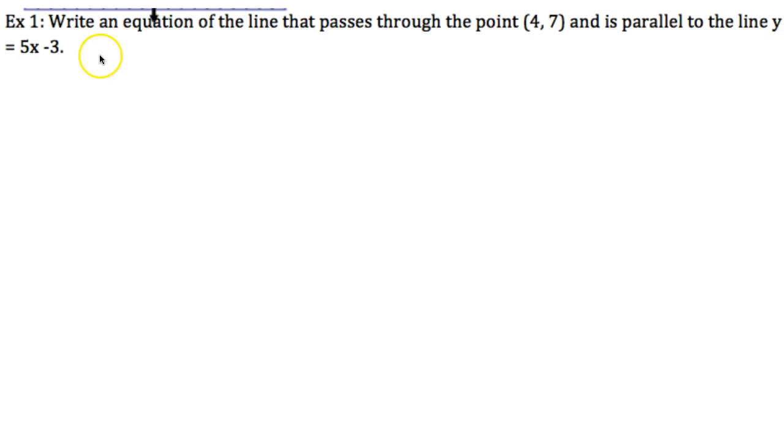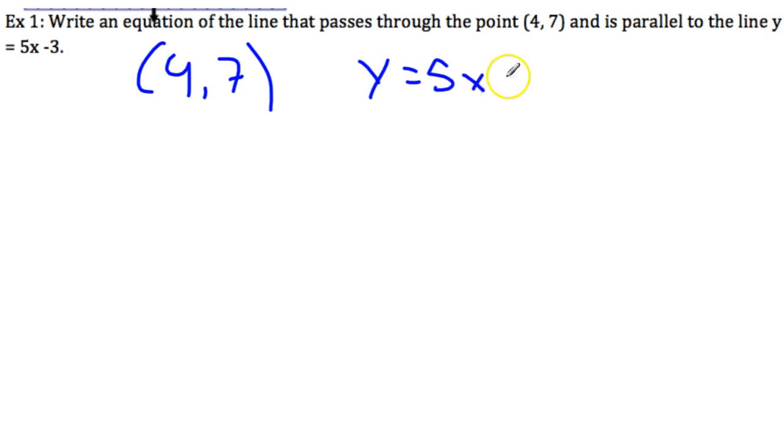Awesome. So this says, write an equation of the line that passes through the point (4, 7) and is parallel to the line y equals 5x minus 3. Alright, so we want parallel.